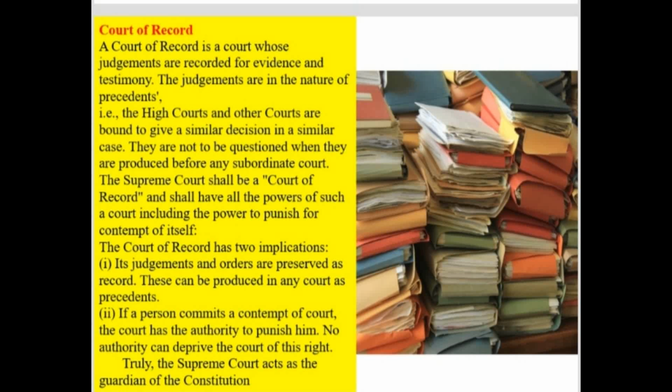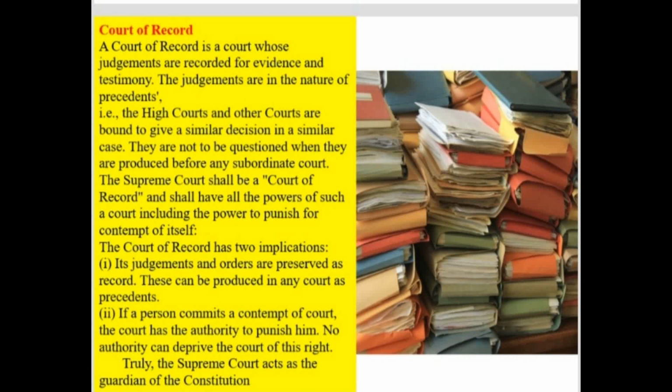The other effect of such a court of record is that if a person commits contempt of court, the court has the authority to punish him. Suppose anybody comments on such judgments, or denies referring to such judgments of the Supreme Court, then the court will punish them immediately.